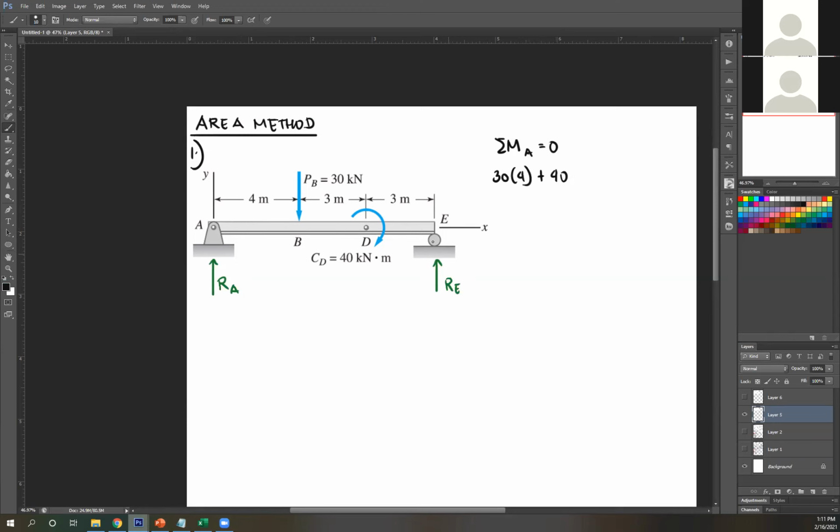So next, RE. RE about point A, that's counterclockwise. So minus RE, distance is 4 plus 3 plus 3, that is 10. Therefore, please solve what's RE. Ready your calculator so that we can solve quickly. What's RE?